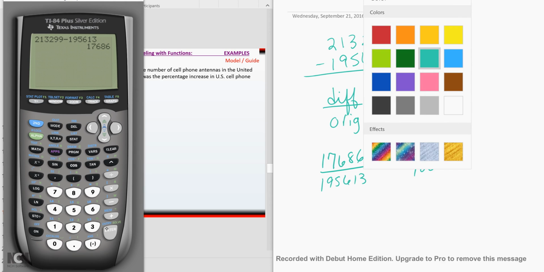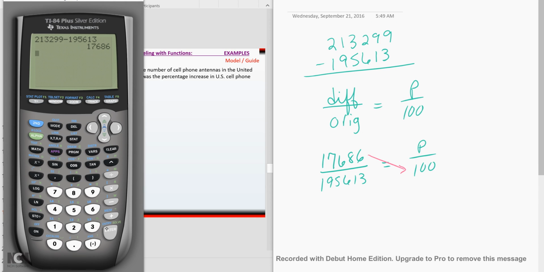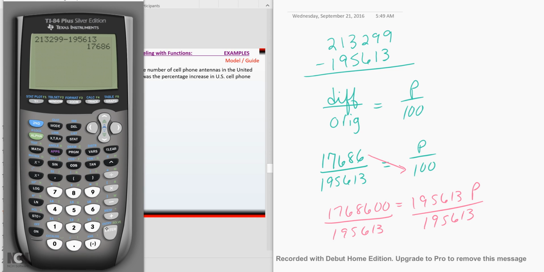If I cross multiply, this gives me 17,686 with 2 more zeros equals 195,613p. Divide that by 195,613, and I get the percent of change is 9.04, so approximately 9%.